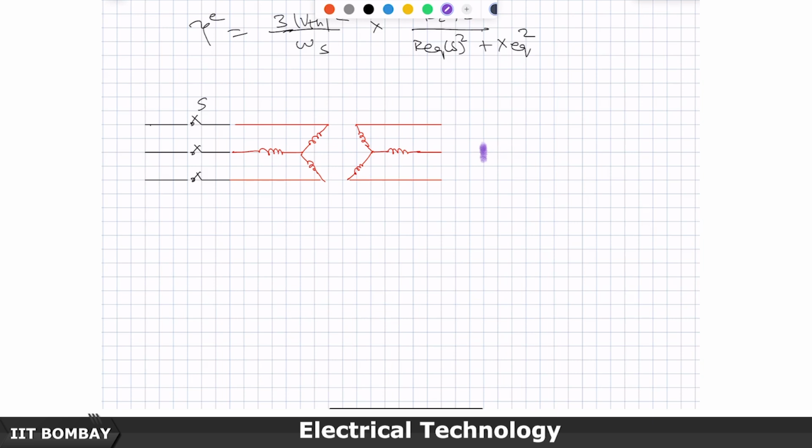So, they get connected to a slip ring like this. Oops. 3 rings basically.